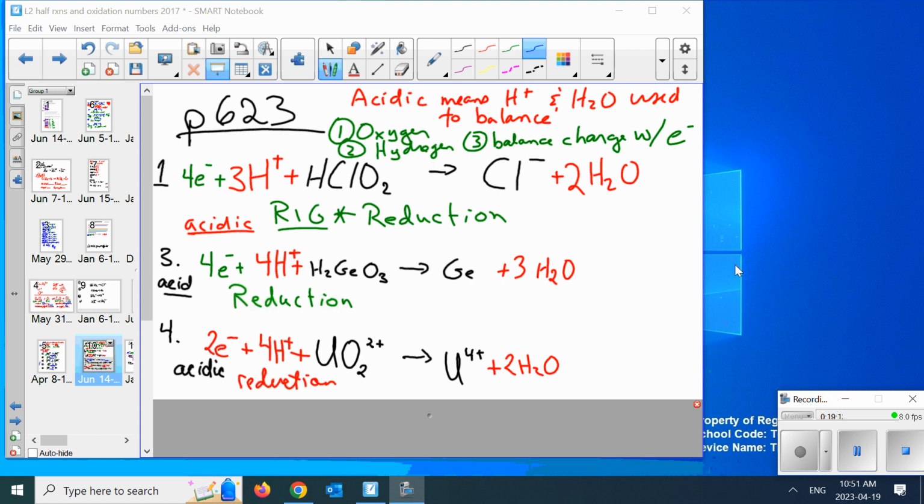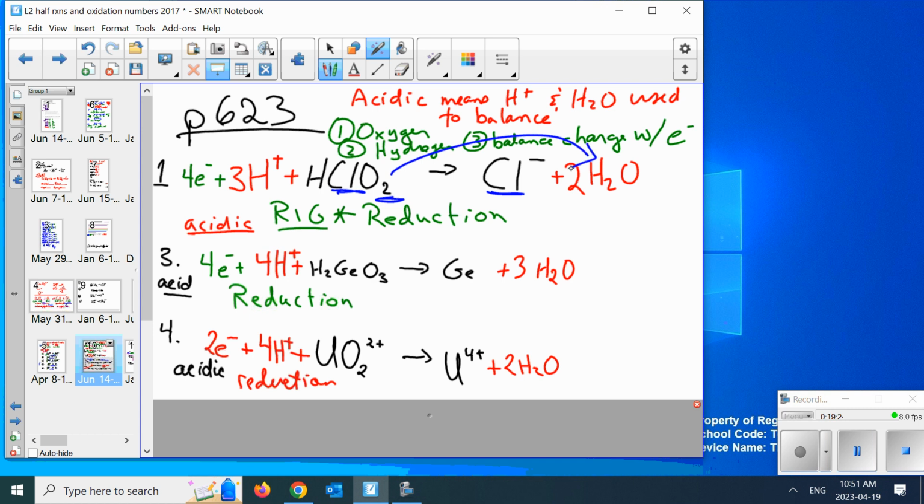So I'm going to go over them in order. I look for things first. Black is what we have, right? Cl to Cl, good. I need 2 waters for 2 oxygen. Now I need 4 hydrogens, but I have 1 already there, so I need 3 additional.